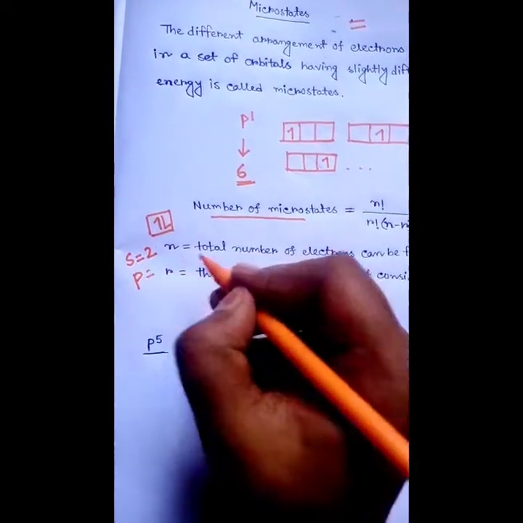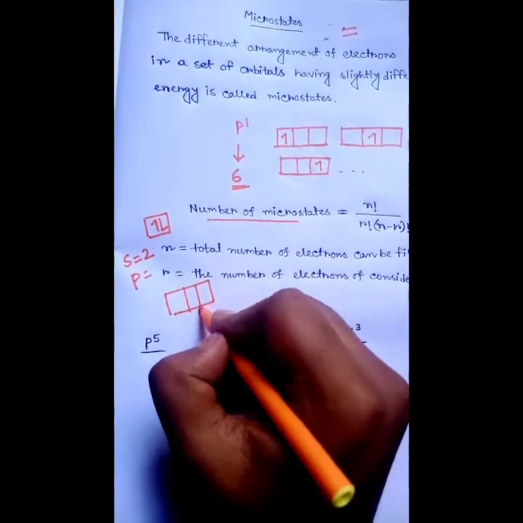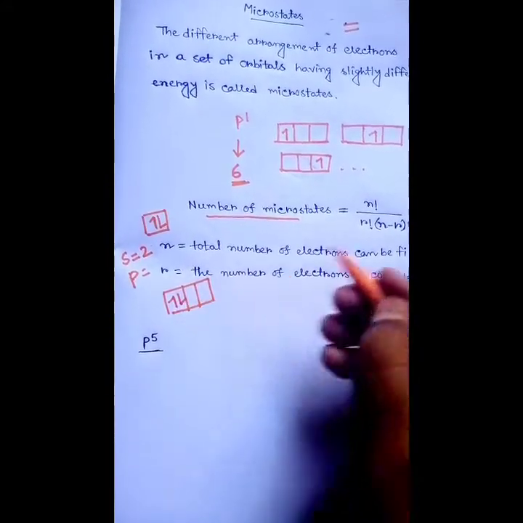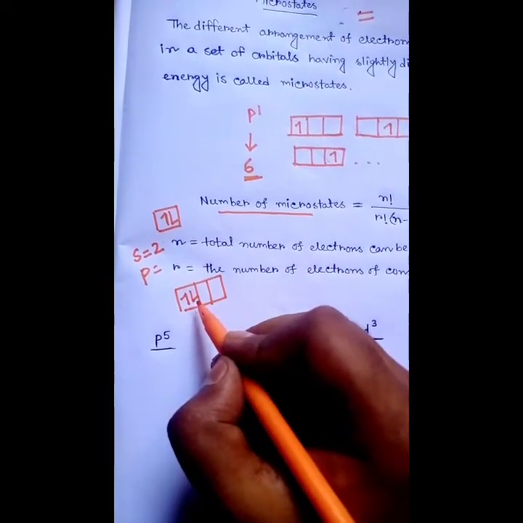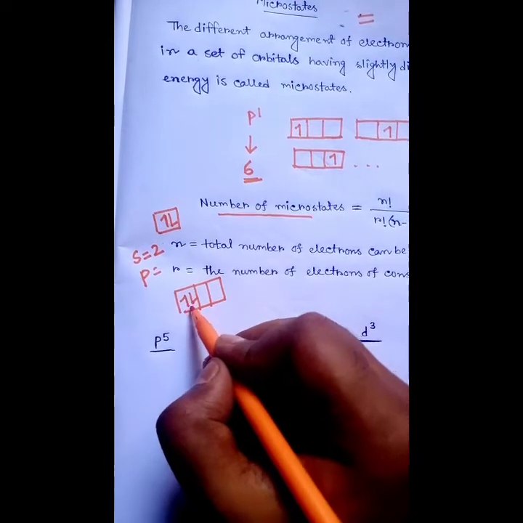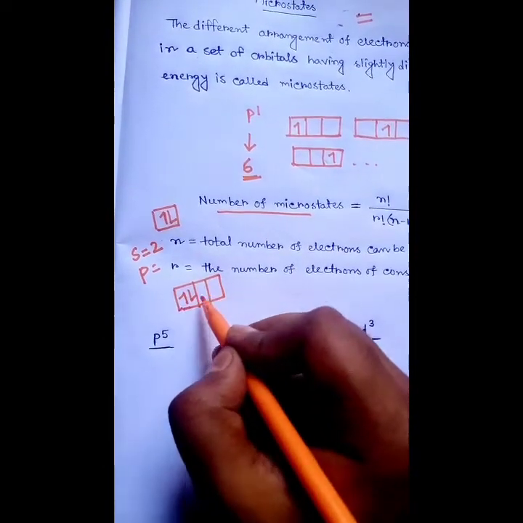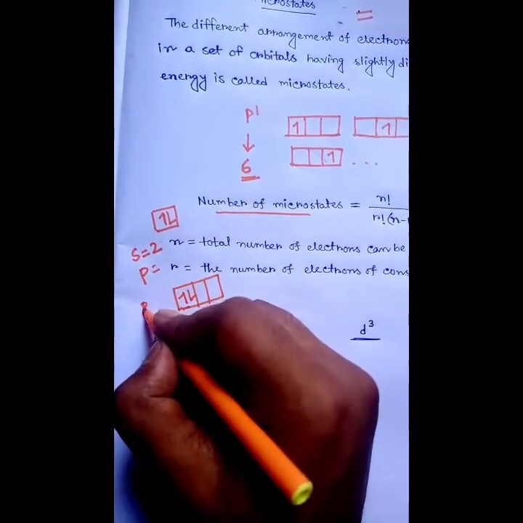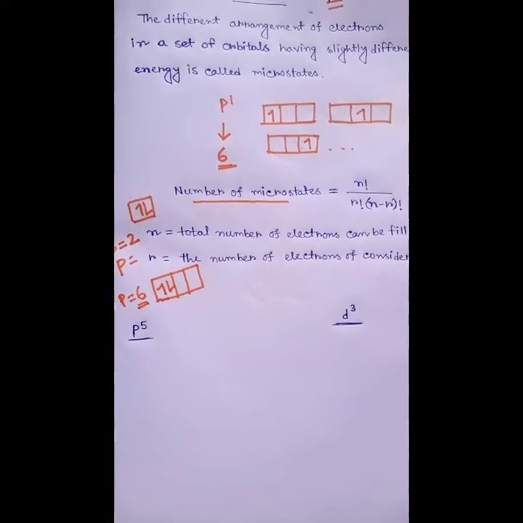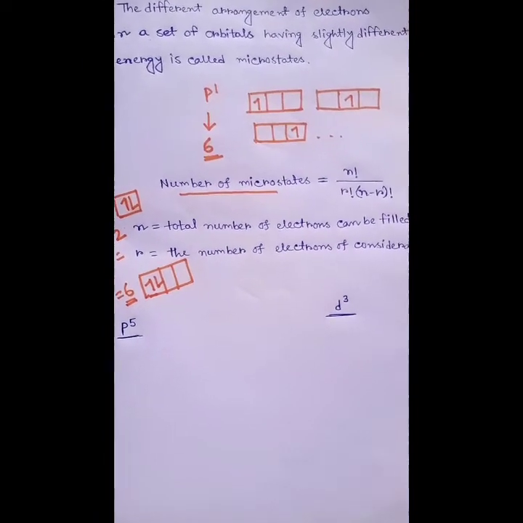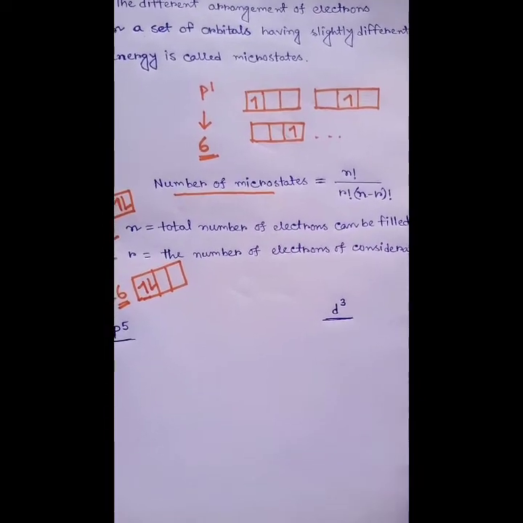Similarly for p, there are 3 rooms. Each room can occupy 2 electrons. So in the case of the p orbital, a total of 6 electrons can be occupied. Similarly for the d orbital, 10 electrons can be occupied, and similarly for f, that will be 14.